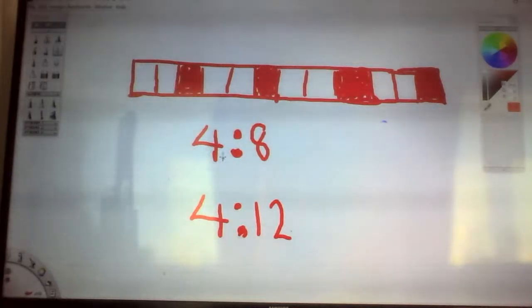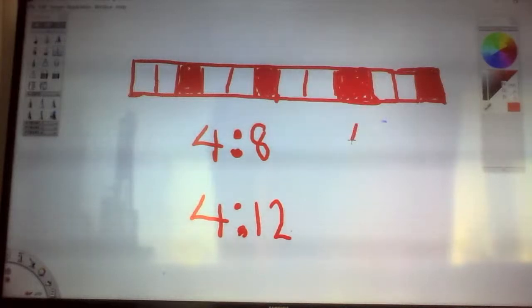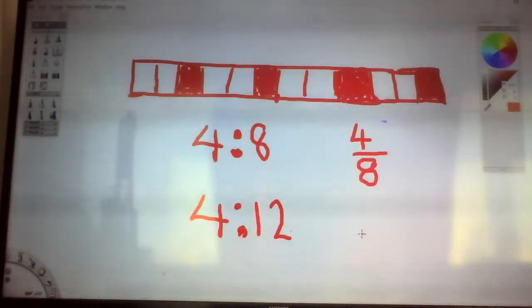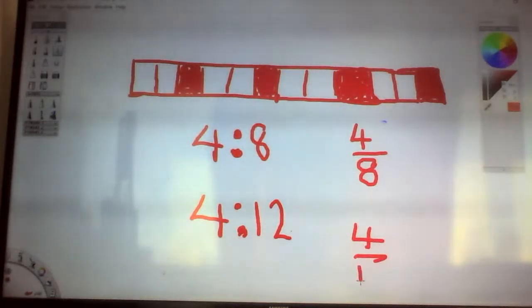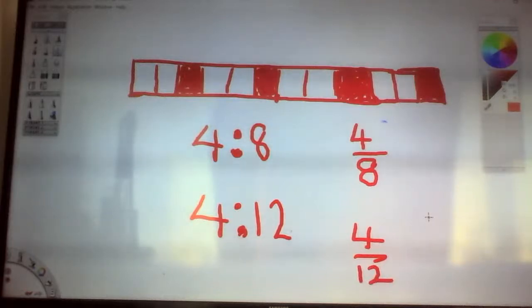You would still come up with the right answer, but it's more like a fraction, really. You don't normally do this in questions, but you could treat it like 4 over 8 and 4 over 12. That's why you can multiply top and bottom by whatever number. You multiply top and bottom by 2 and you come up with what you call an equivalent fraction. That's why it doesn't really affect it.